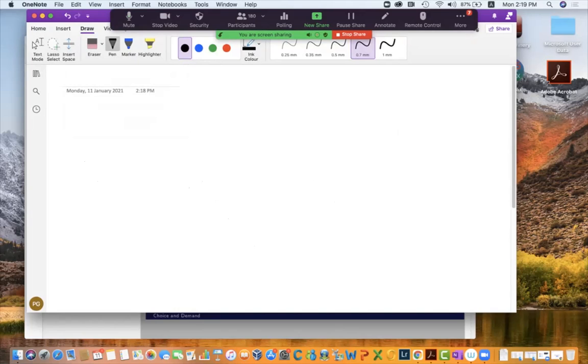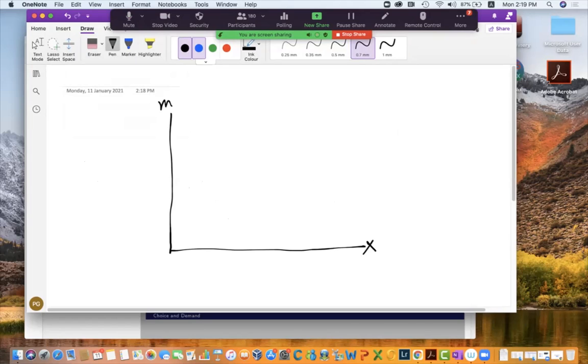So once again, this is X and this is M. M is money spent on everything else. X is the quantity of food, rice, let's say. So you have some budget line like this. And under that budget line, let's say the point of tangency is here.